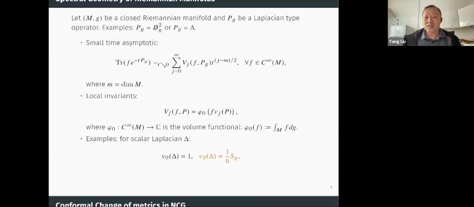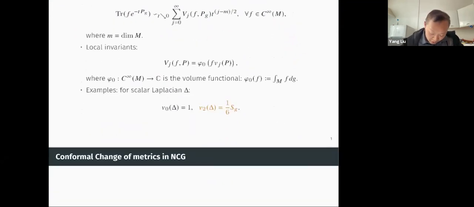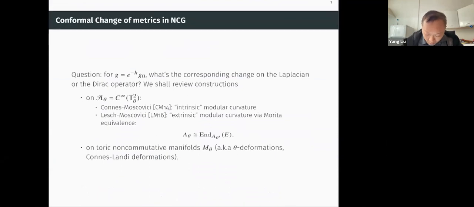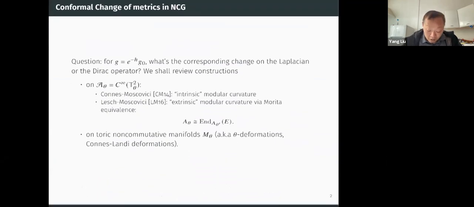That's the first step we would like to do, and that's my focus of the talk. Moreover, I will be more concrete. I will just focus on explaining what happens even when we just perform a conformal change of metric, and how to pass from the metric to the geometric operator.